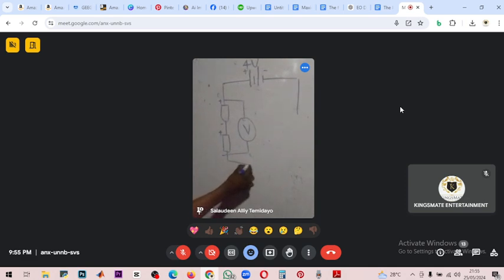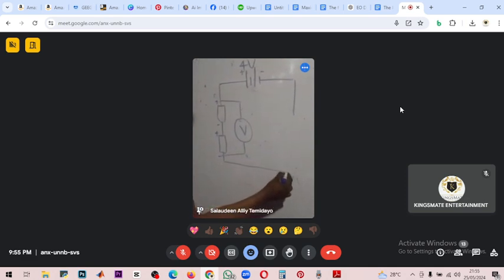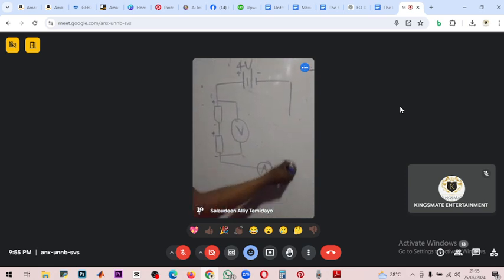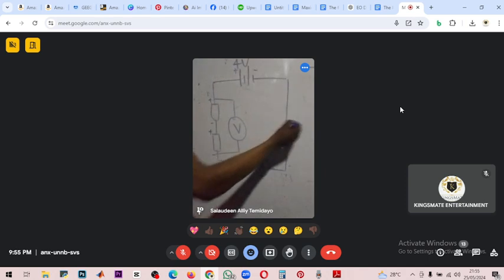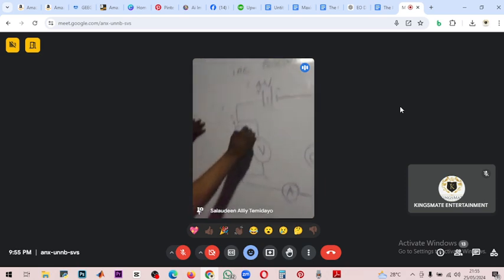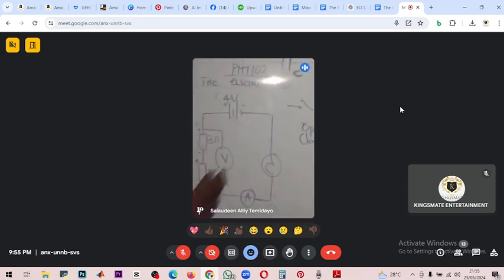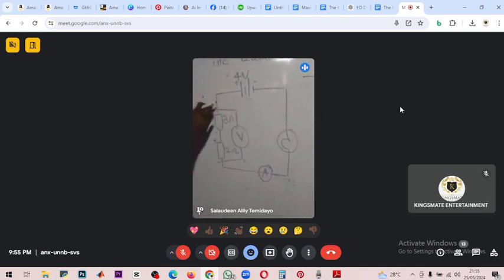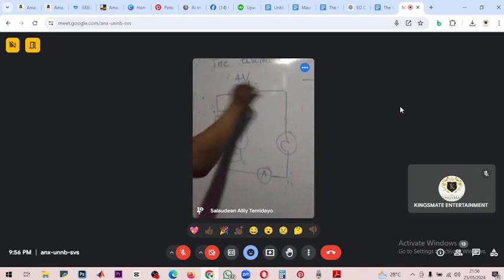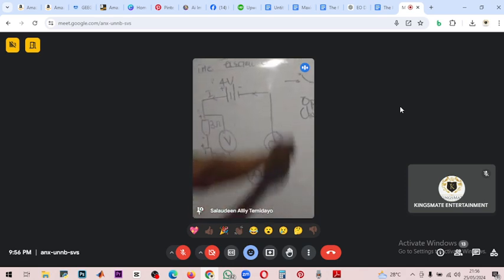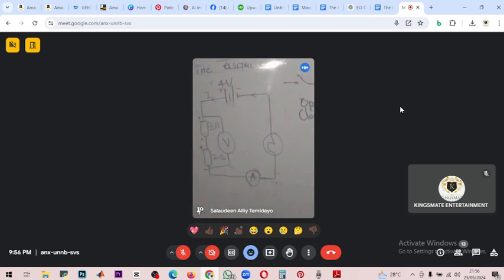Voltmeter, ammeter, bulb. This is a resistor of 3 ohms, 2 ohms. Find the electric current flowing through the circuit. I is going to start flowing from here and the loop ends here.